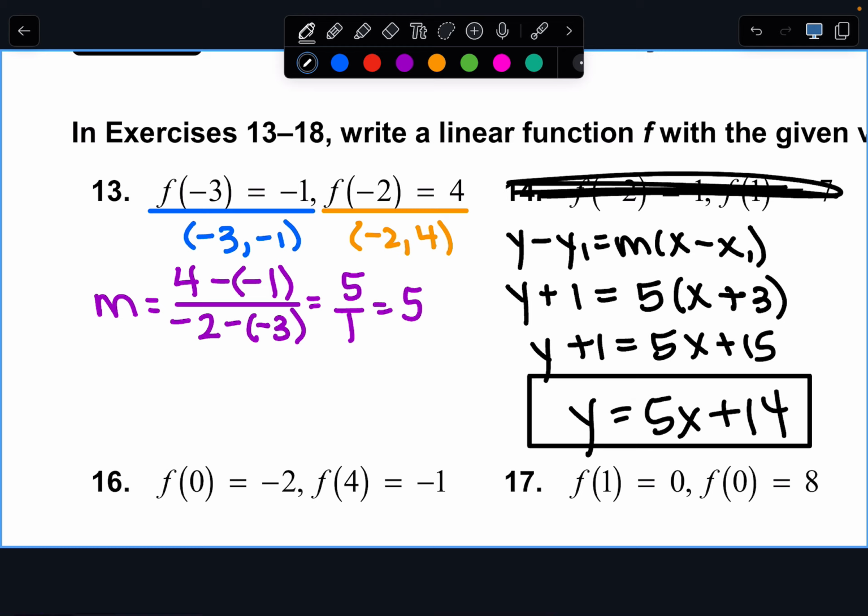Is that for 13? They're both for 13. -3, -1. And if I plug in, it should be 16 then.